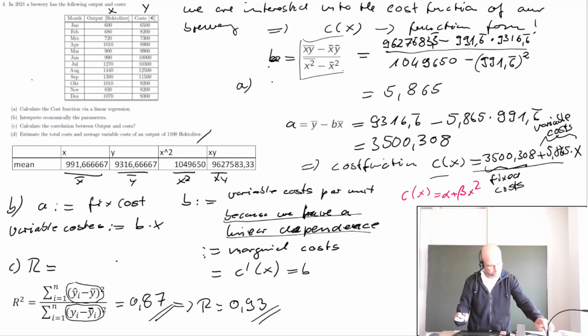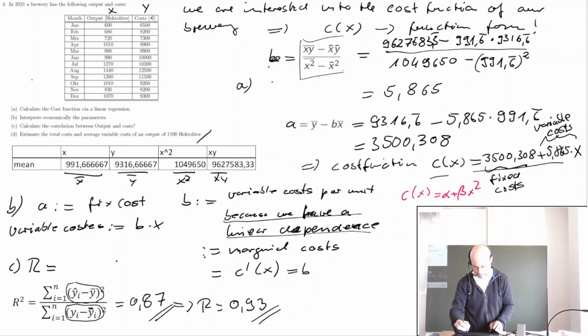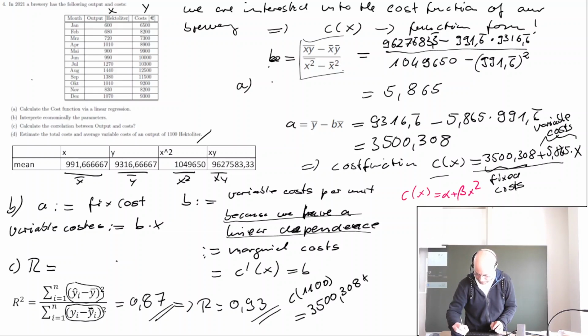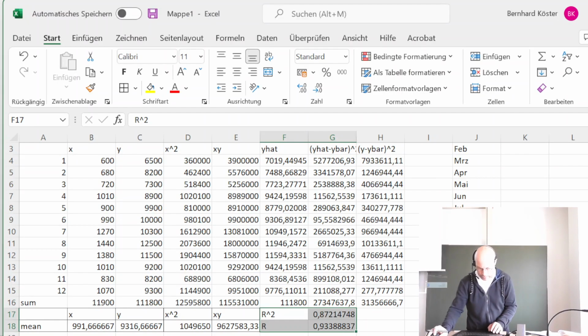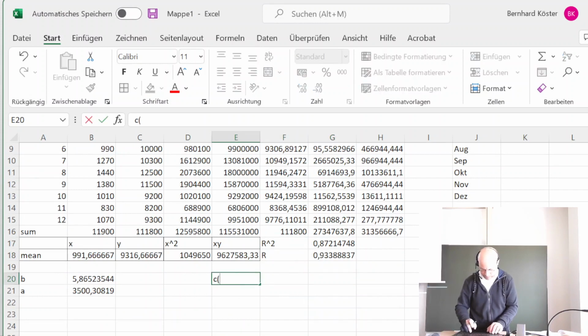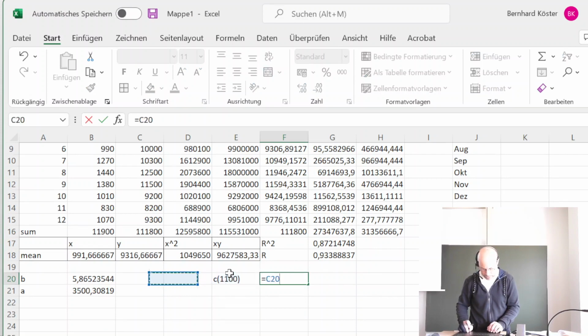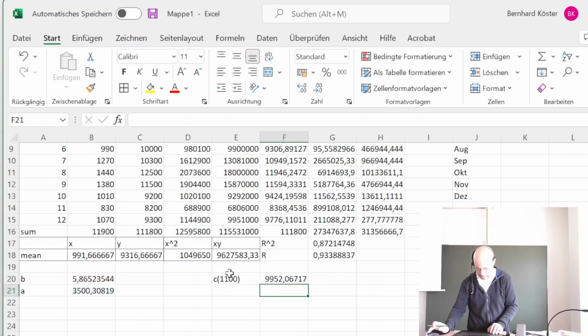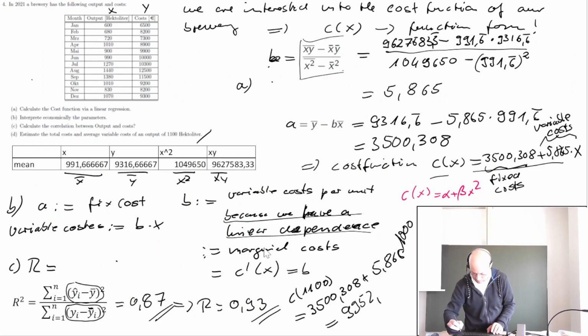This, of course, is done by C of 1,100 equals 3,503.08 plus 5,865 times 1,100, and this is then C of 1,100 equals A plus B times 1,100, which is 9,952.067.